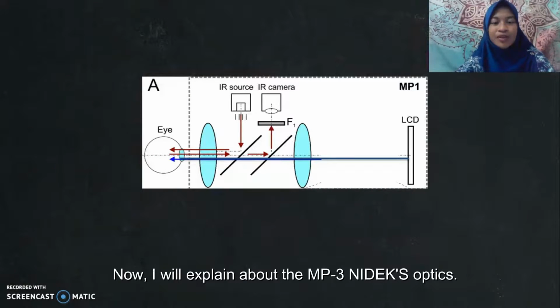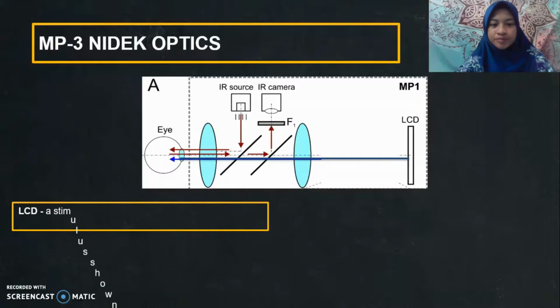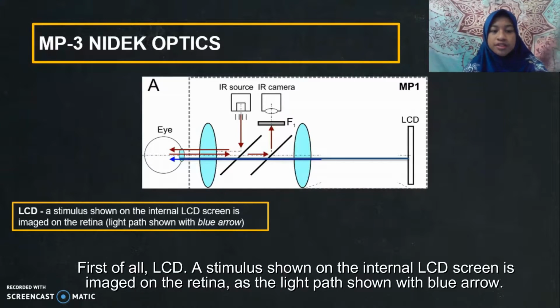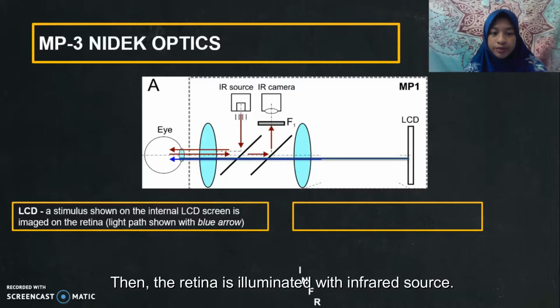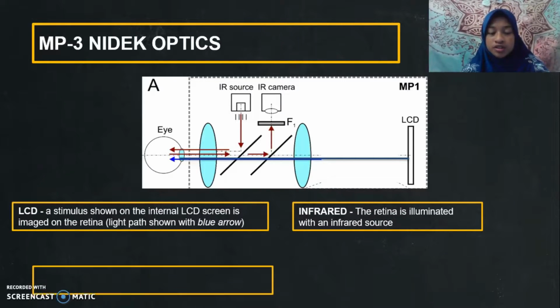Now, I will explain about the MP-3 NIDEK optics. First of all, the LCD. A stimulus shown on the internal LCD screen is imaged on the retina as the light path shown with the blue arrow. Then, the retina is illuminated with an infrared source.